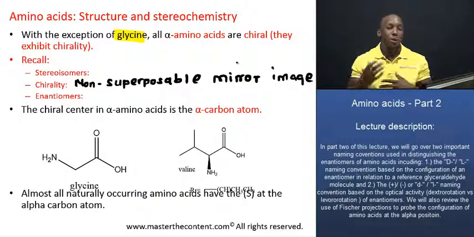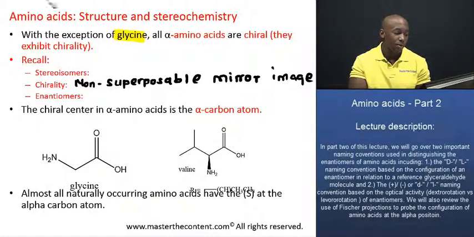That's most accurately depicted using diagrams, so go back to that lecture if you do not know what I'm talking about. Now, chiral centers usually are asymmetric molecules, or in the case of amino acids, asymmetric carbons.